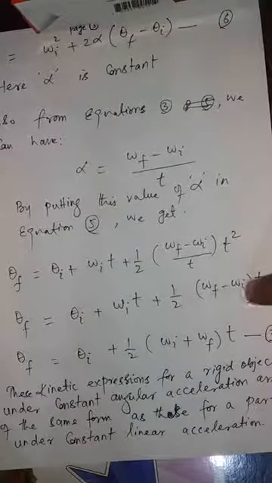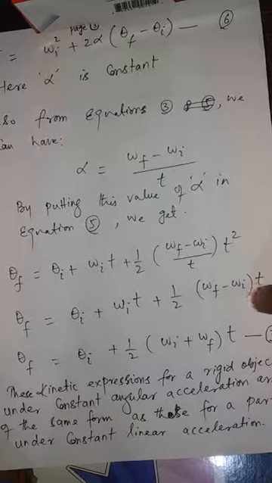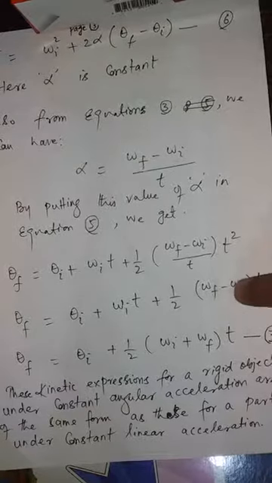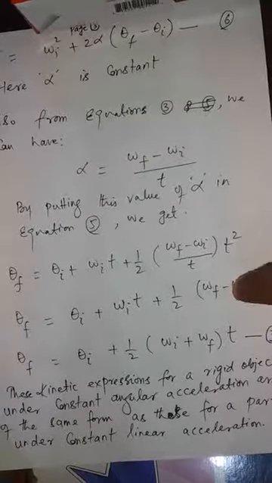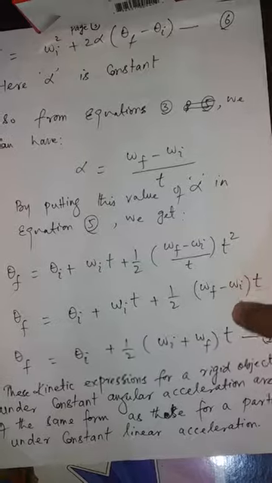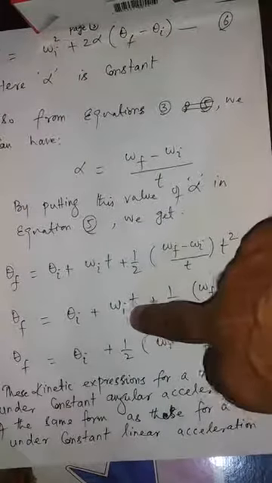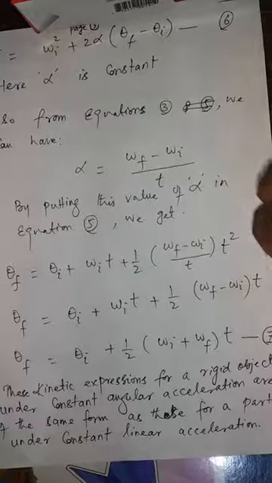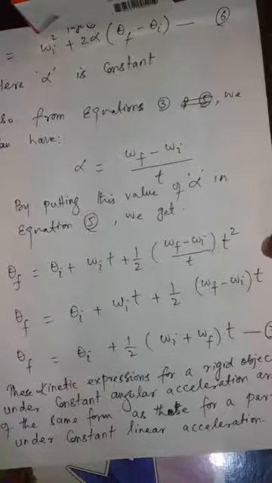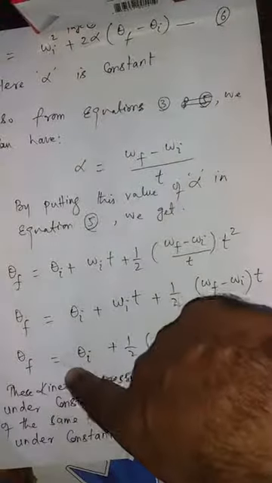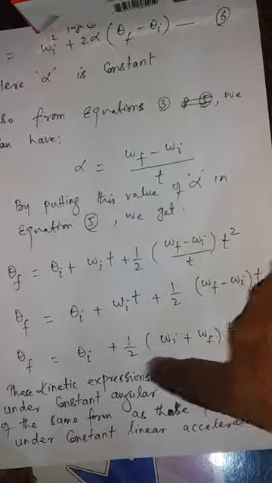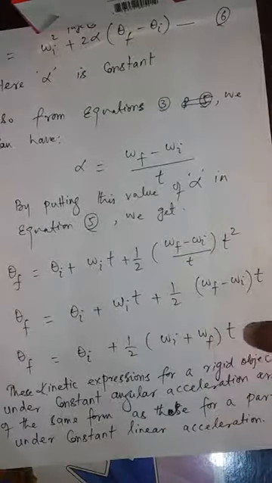This half omega i t with the minus 1 coefficient will be deducted from this, and we will get theta f is equal to theta i plus half omega i plus omega f into t.